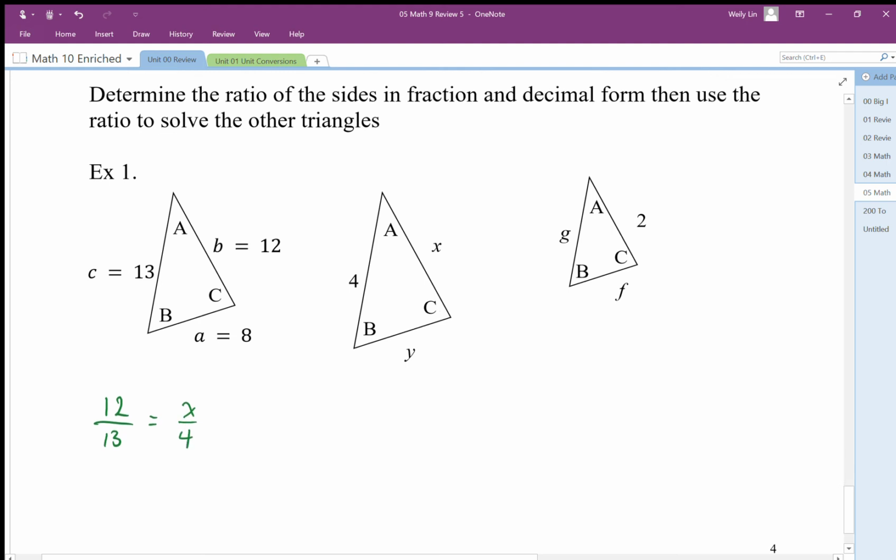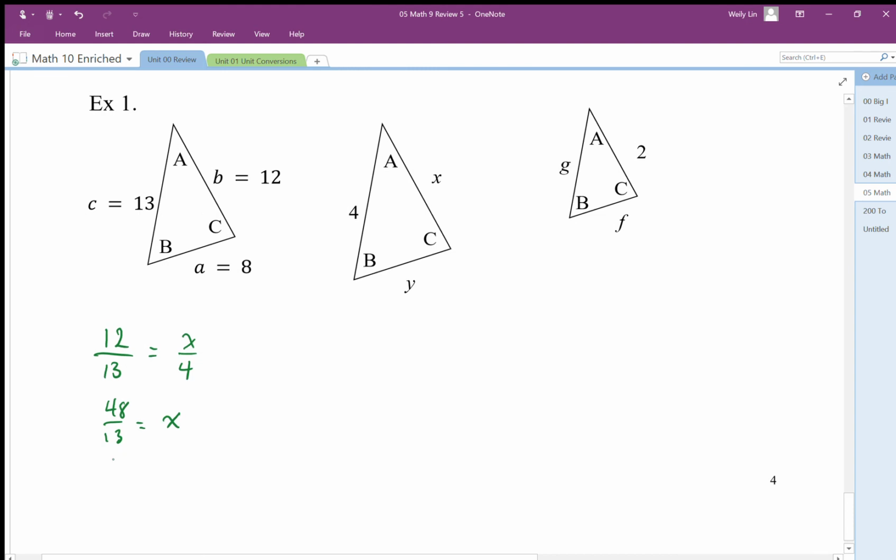This is a ratio within the triangle, and I can cross multiply it, and I'm going to get 48 over 13 equals x. So x is approximately equal to 48 divided by 13, which gives us 3.69. That's about right, because if this is 4, this is going to be a little bit less, because that's 13, a little bit less is 12.